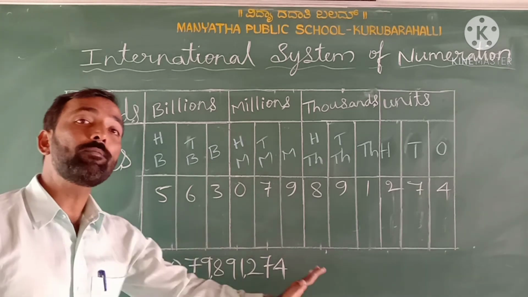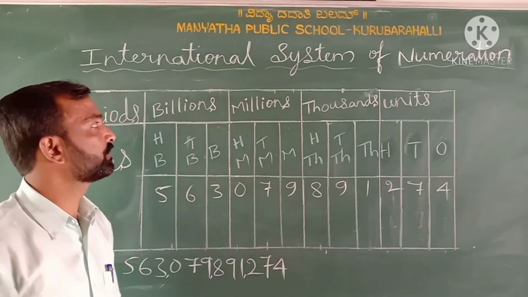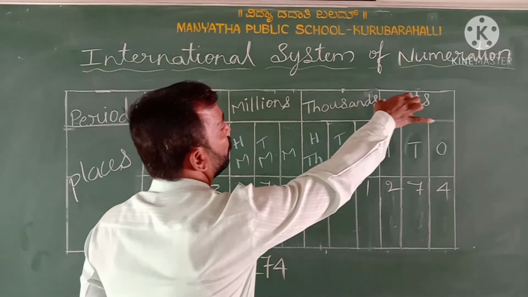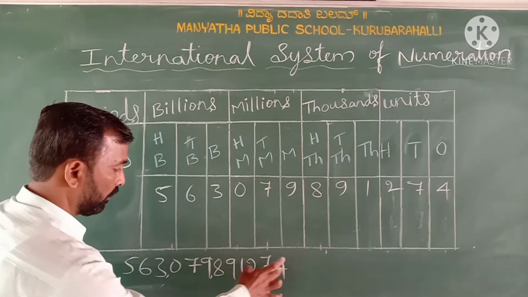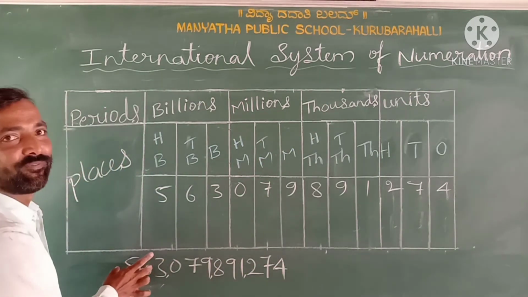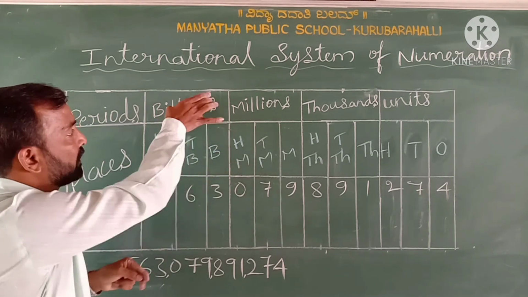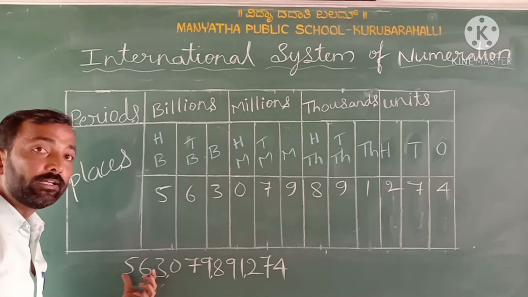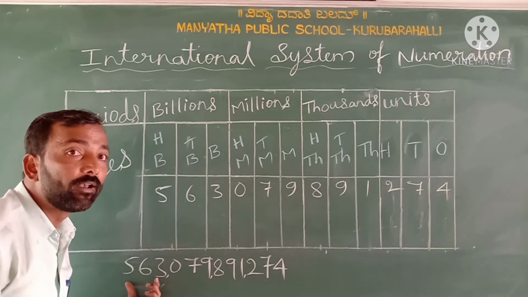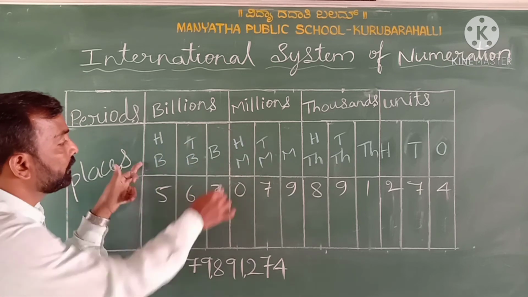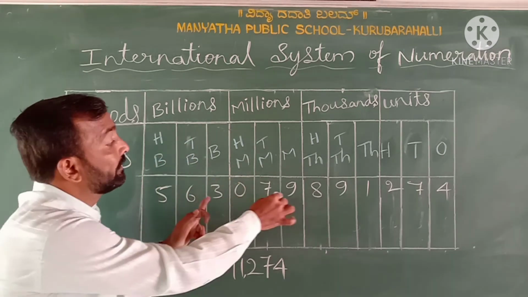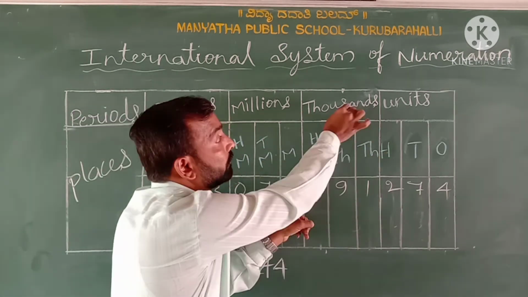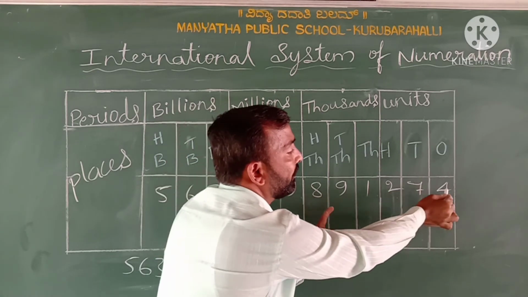So how can you name it? It is quite different. Totally 4 periods. From the left, the first period is billion. Read it as 563 billion, 79 million, 891,274.